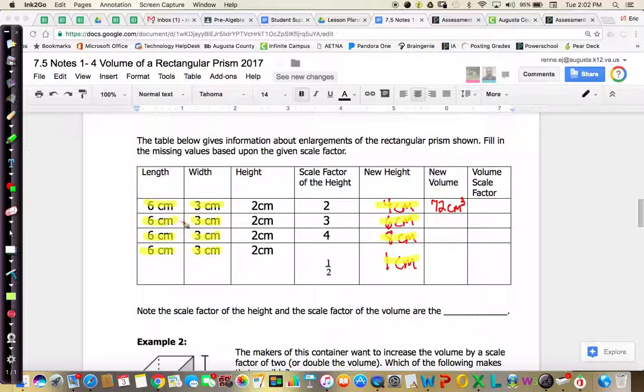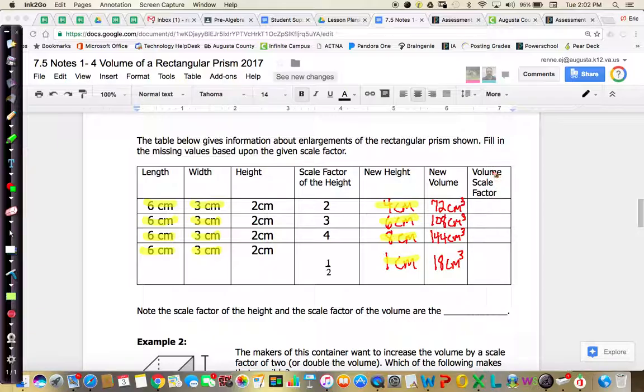So the next row is 6 times 3 times 6, which is 108 centimeters cubed. The next row is 6 times 3 times 8, which is 144 centimeters cubed. And then 6 times 3 times 1 is 18 centimeters cubed.